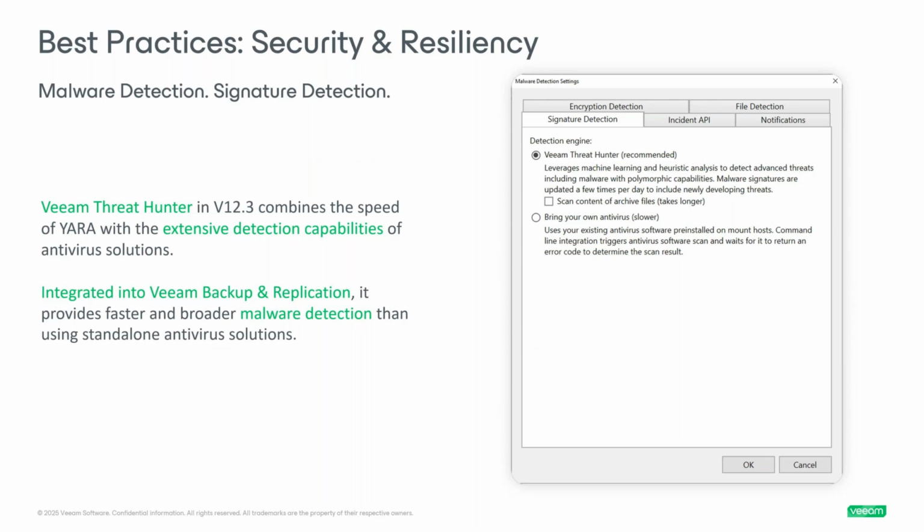It's automatically installed on a mount server, and it runs in the background. It can help you again find the last clean restore points for you to restore from, and it's the same tool that you can use when you perform testing of your backups.